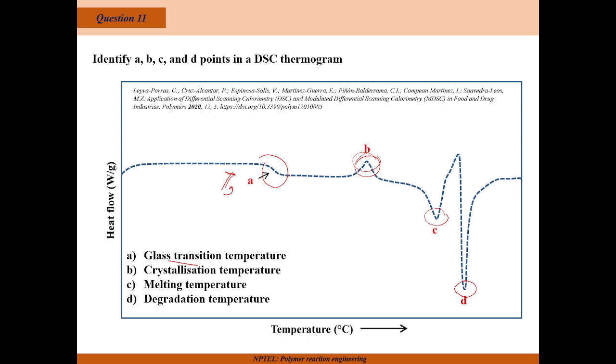The material that you start with will be completely lost, and it will be something else after that particular temperature. We can see this is a comparatively very high temperature compared to the others. Okay, let's move on to our next question.